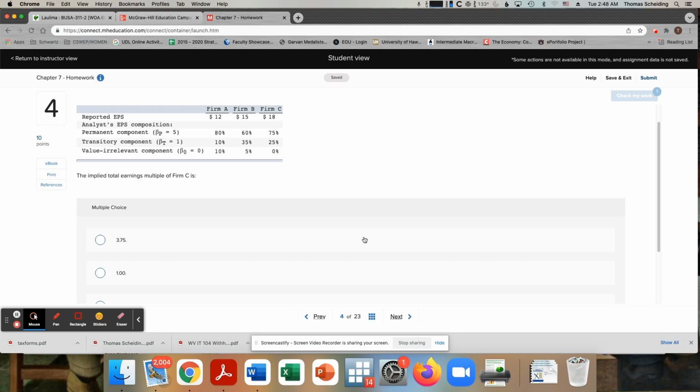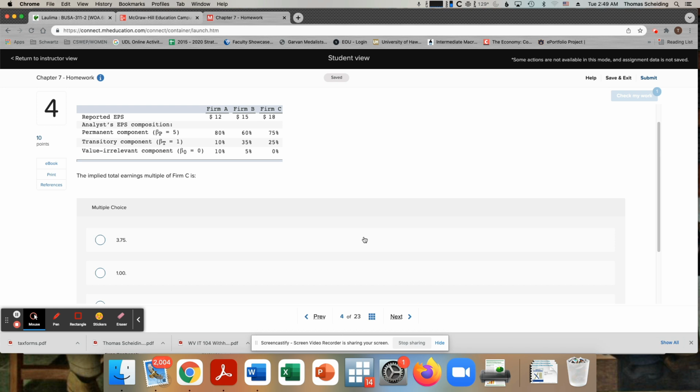So what we need to do here is look at the implied share price, and we're going to need to divide that by the reported earnings per share.